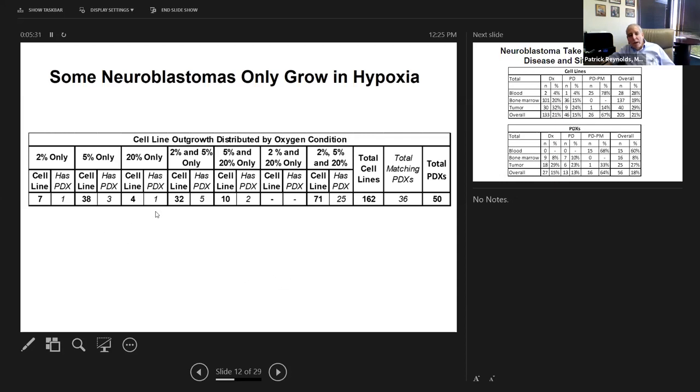So when you're working with 20% only cultures, you're working with only a fraction of what's coming in from the patients. Keep that in mind and really think about getting hypoxic culture conditions going in your laboratory, because that allows you to look at the other half of the patient-derived models that won't grow in these conditions that everyone uses.